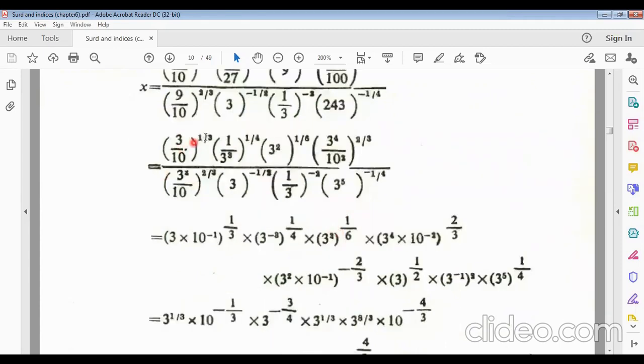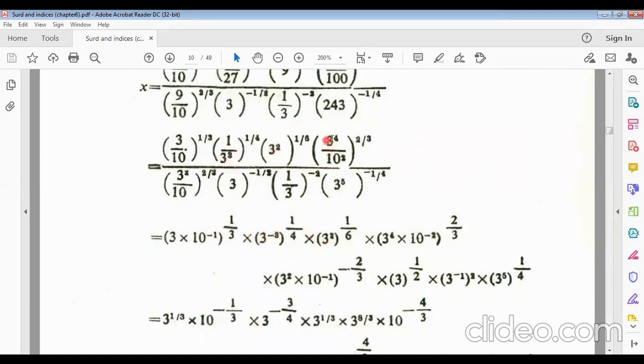Now 3 to the power 1 by 3. This 3 by 10 can be written as 3 into 10 to the power minus 1, because in the denominator the power of 10 is 1, so to make it inverse we get 10 to the power minus 1. Similarly, 1 by 3 to the power 3 can be written as 3 to the power minus 3.